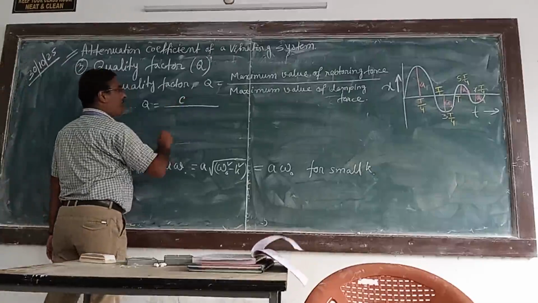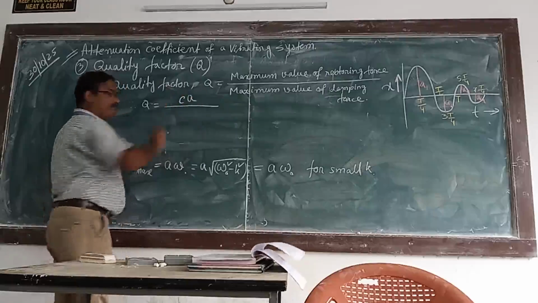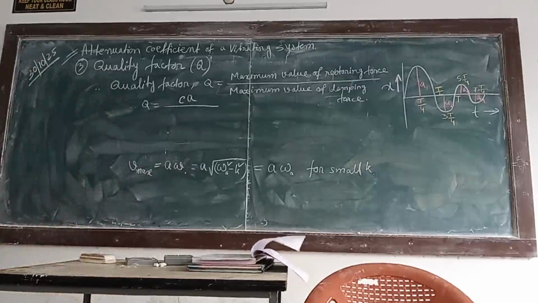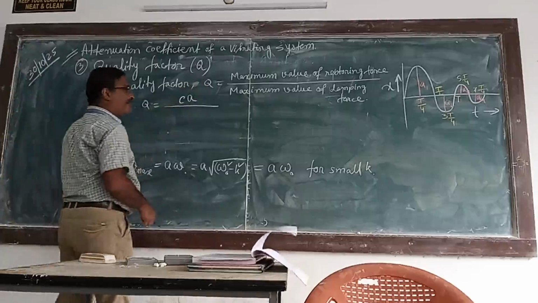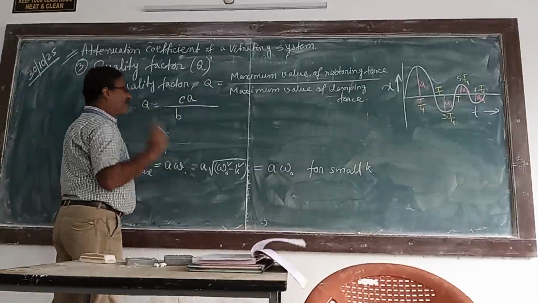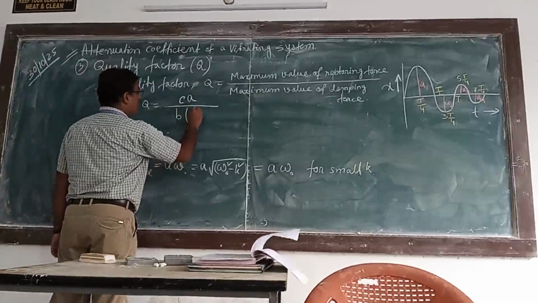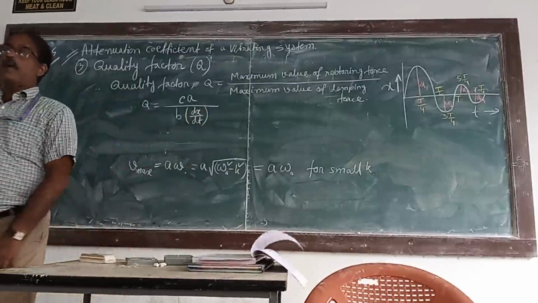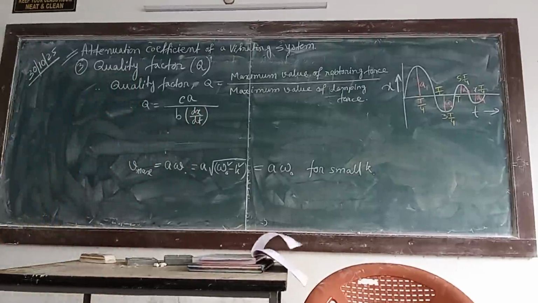So if it is maximum, then C into A, when x equals A, the amplitude. And we know that the damping force is B into dx/dt, proportional to velocity.